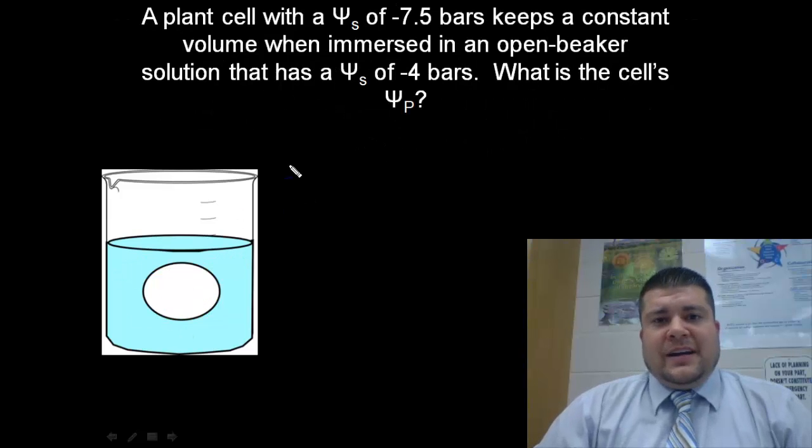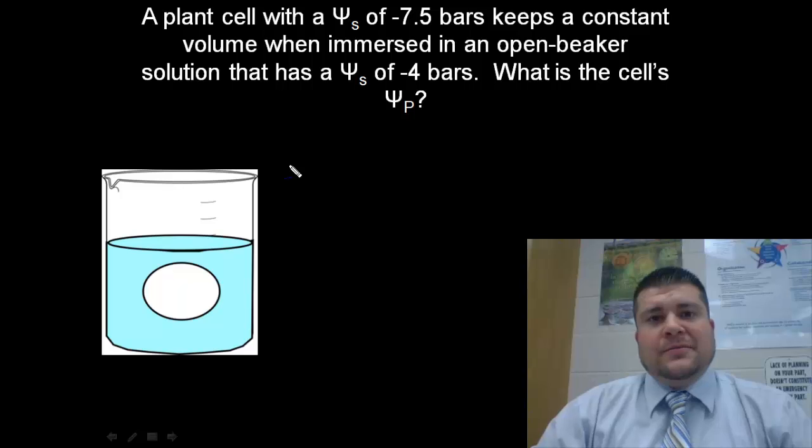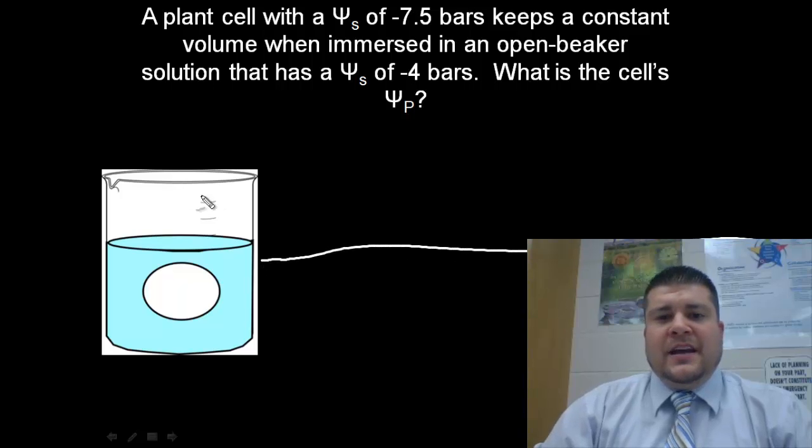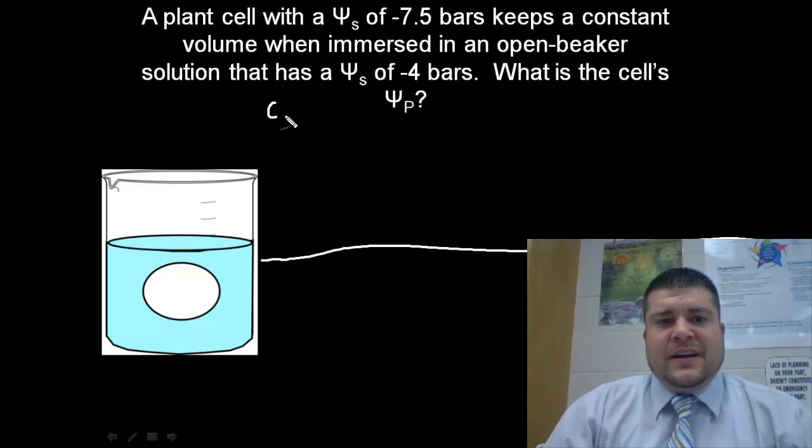Now, it's going to be hard to recognize, but these next problems you're going to need to split up into two parts. What I like to do is think about what's inside the cell and what's inside the beaker. So up top we'll do the cell, and what's below, we'll say it's the beaker.